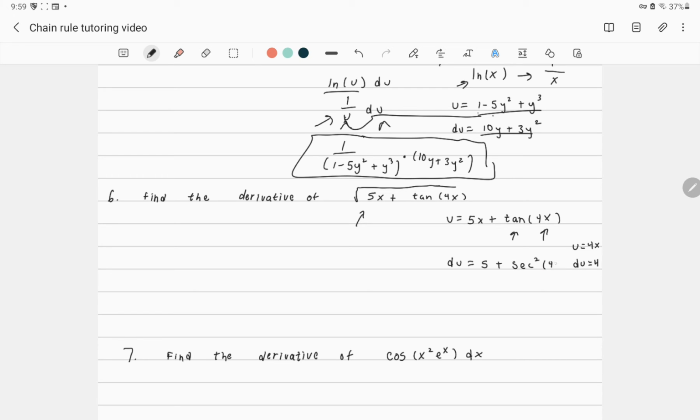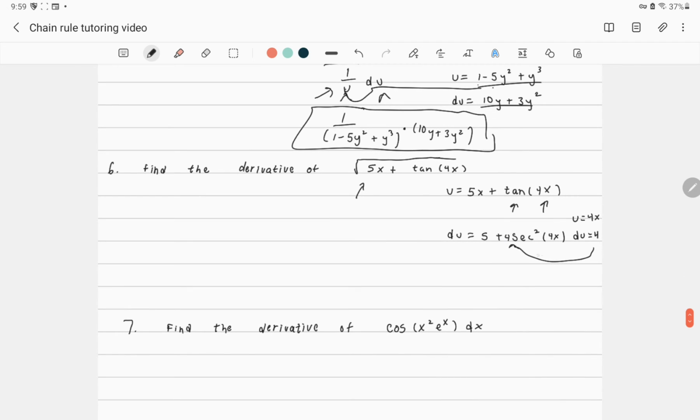So secant 4x, and then you can plug the 4 in there, so you're just multiplying it. I kind of skipped the steps there, but it's the same process that we used for everything before, just in a shorter manner, and you're basically multiplying 4 times secant squared 4x.